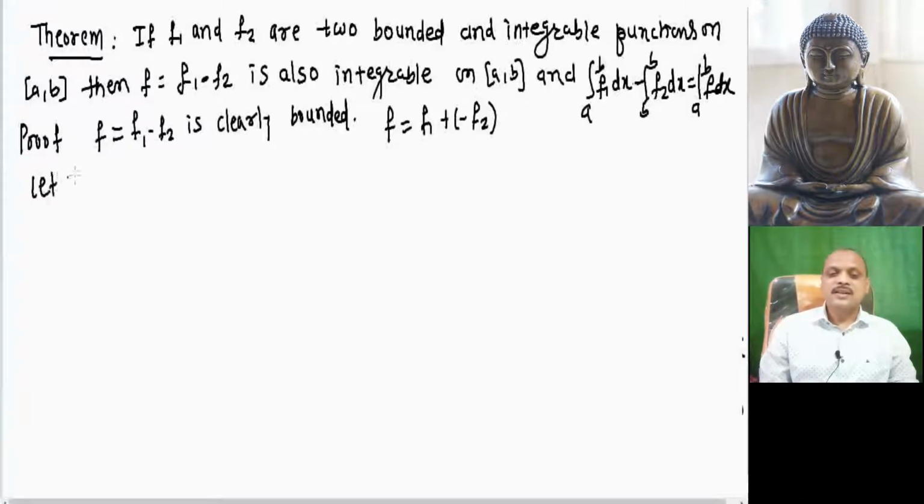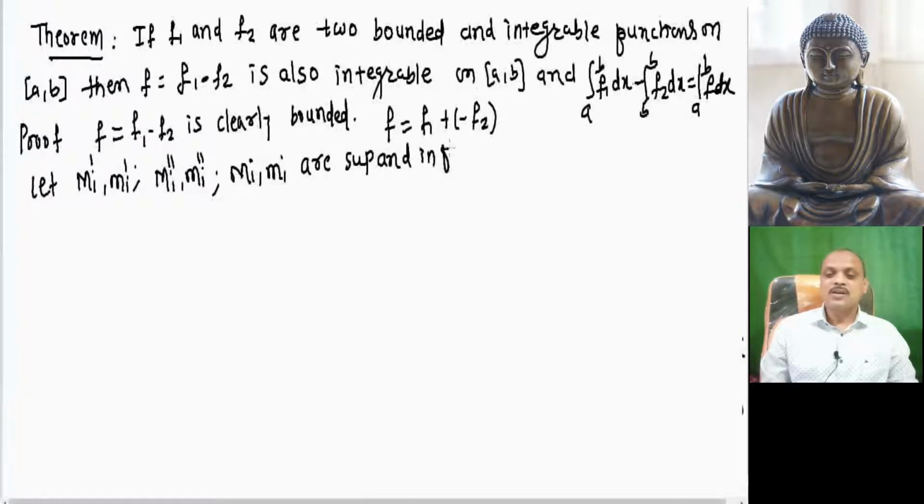Let capital M_i', small m_i', capital M_i'', small m_i''; capital M_i, small m_i be the bounds, the supremum and infimum, of f1, f2 and f respectively.